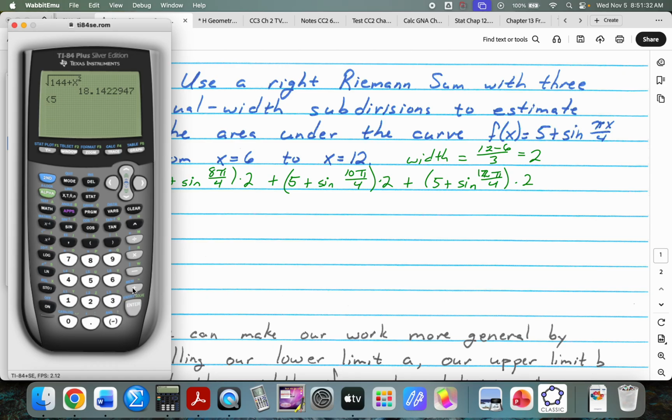So 5 plus sine of 8 pi over 4, we'll just make that 2 pi, times 2, plus 5 plus sine of 10 pi over 4, multiply that times 2, and then the quantity 5 plus sine of 3 pi times 2. And that comes out to be 32.